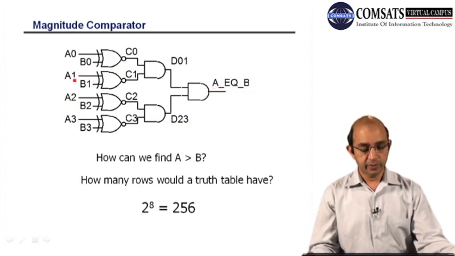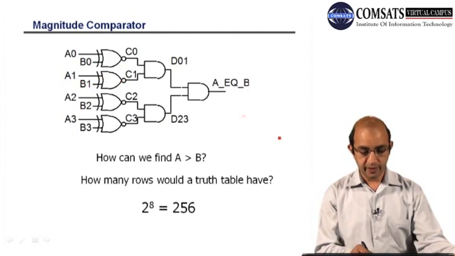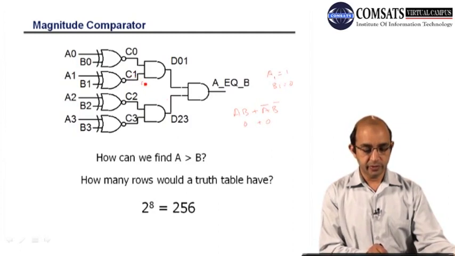For example, if these two bits are not equal, then with the XOR Boolean function, if a1 is equal to 1 and b1 is equal to 0, we have a 0 here, and as a result a 0 here.